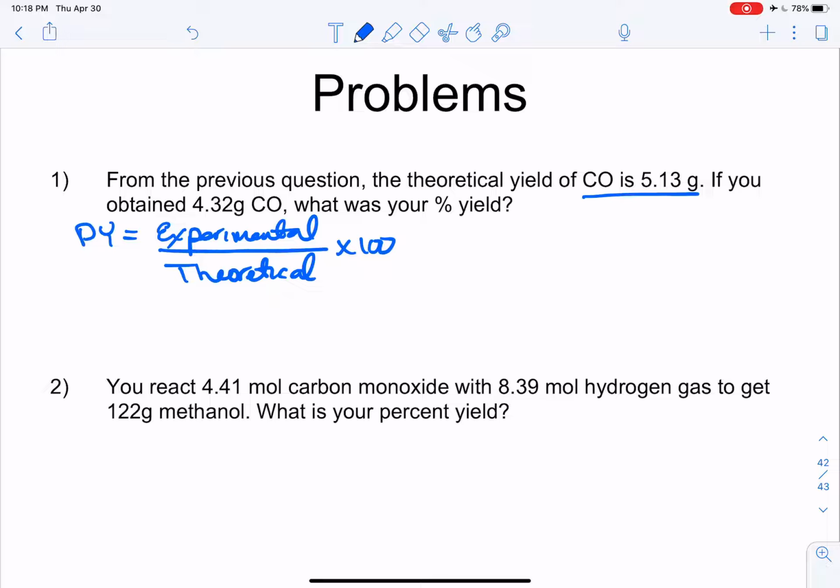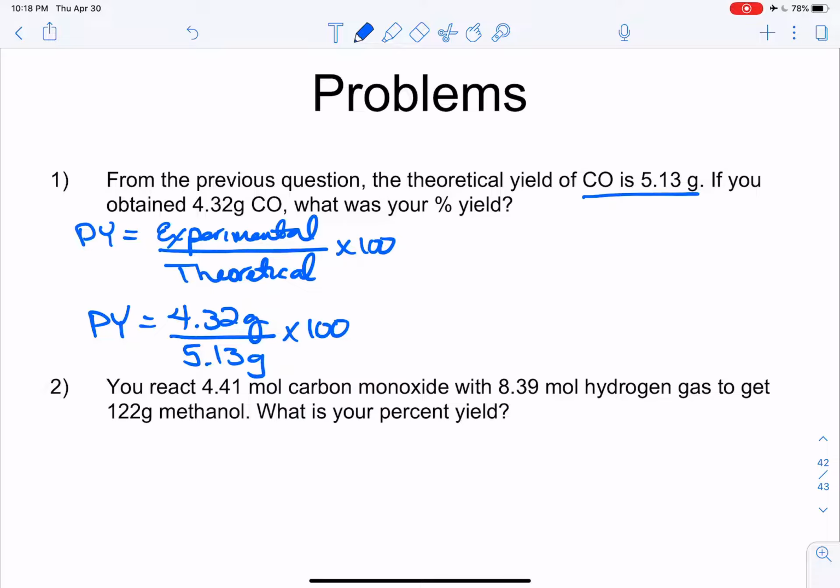And both of those are yields. So in the experiment, what did you get? So our percent yield is our experimental yield divided by our theoretical yield times 100.